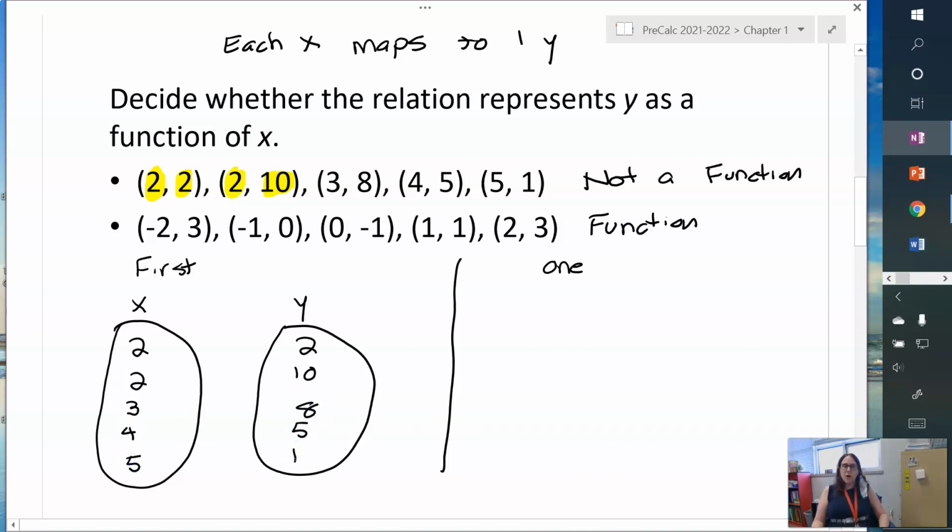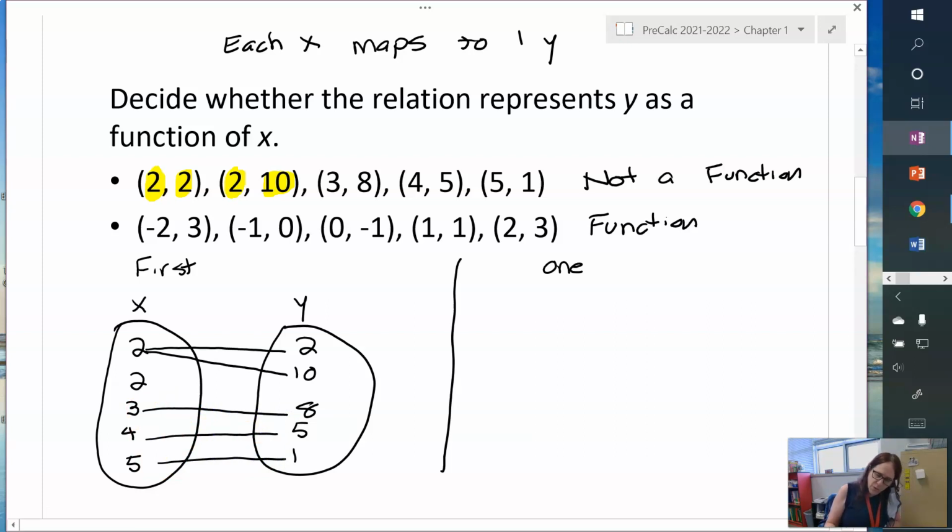Now I'm going to draw from each x its y. So 2 goes to 2, 2 also goes to 10, and then 3 goes to 8, 4 goes to 5, 5 goes to 1. So check it out.